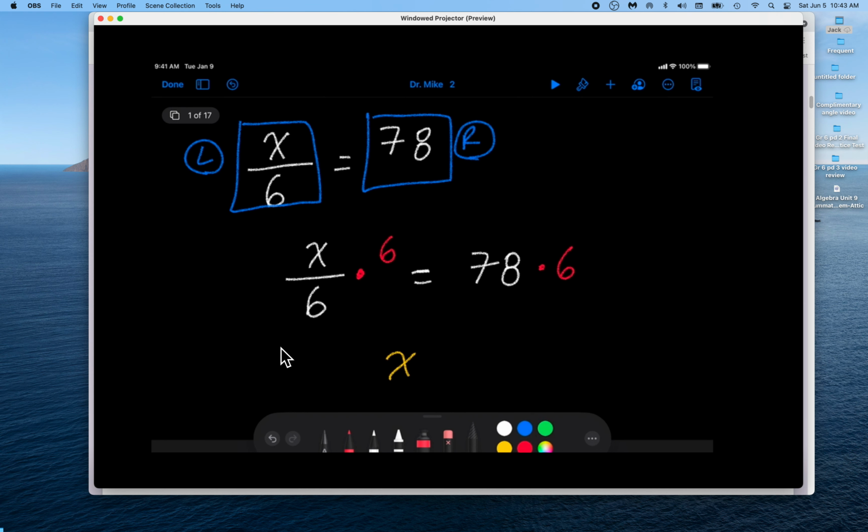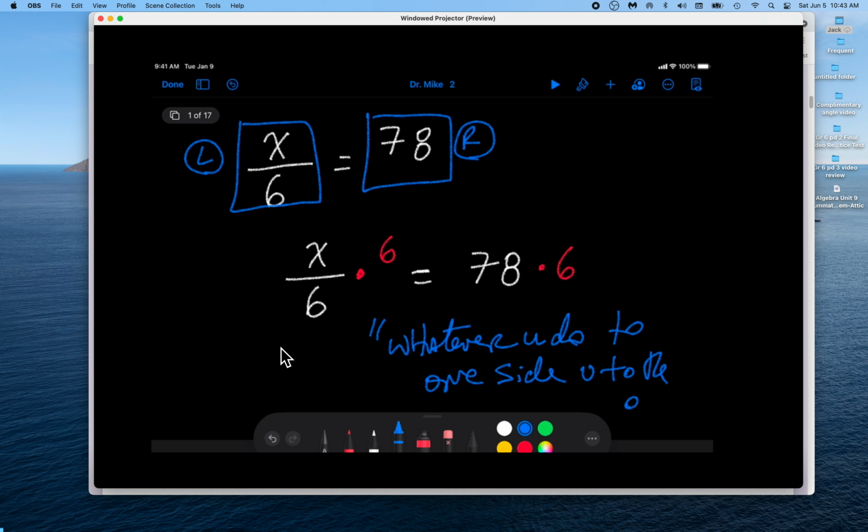So I think it's nice to say out loud the dictum, whatever you do to one side, you do to the other. But if someone comes up to you and asks you, why do you do that? Why do you do to the opposite side what you did to the first side? There's your answer. To maintain the integrity of that equal sign.